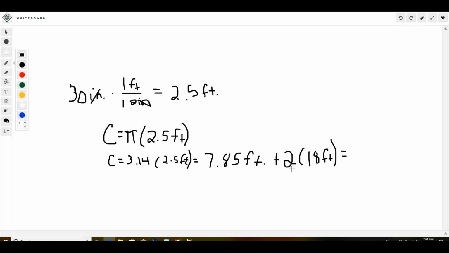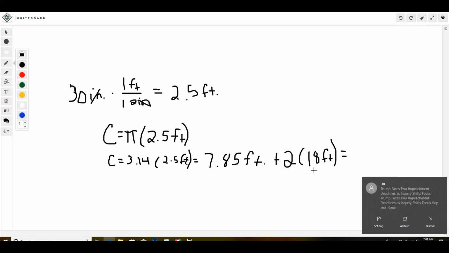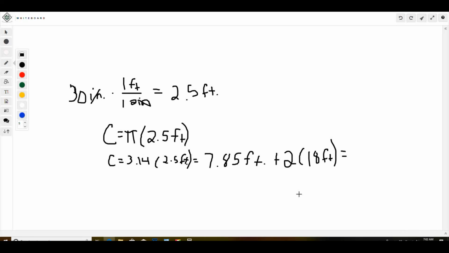Now there's two of those, and then you would add the 18 feet. Add the circumference of the circle, which would be the entire, let's see, the belting covers half the circle on each side. So that's a total of the entire circumference.